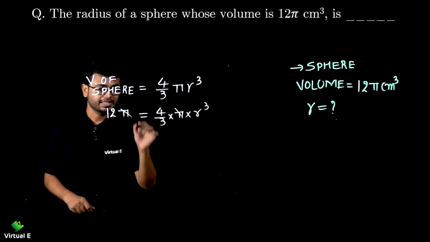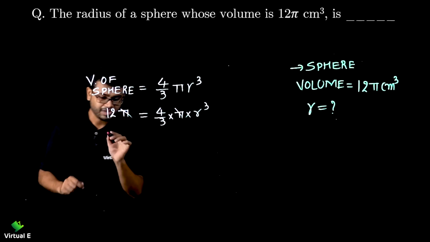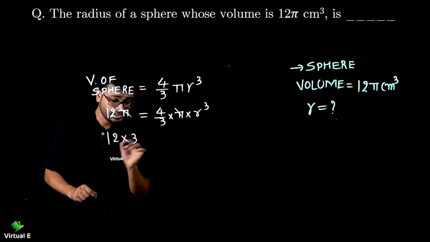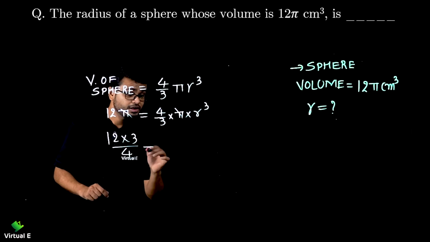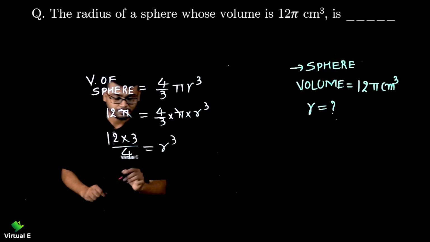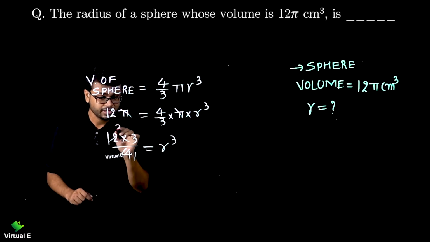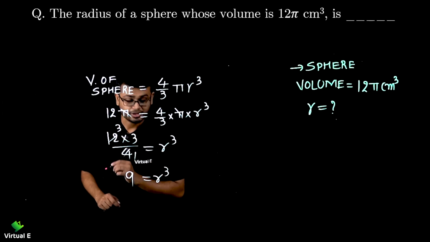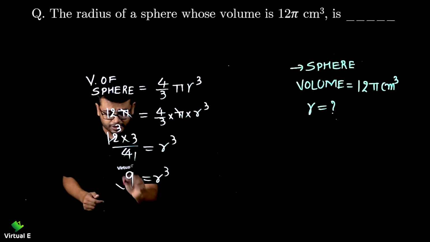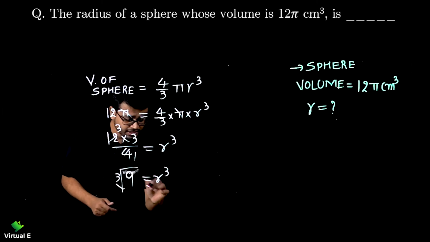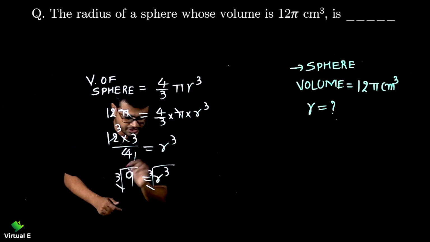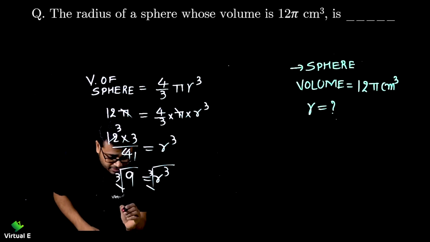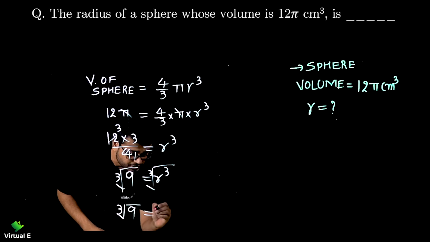So pi will get cancelled. Very good. So 12 into 3 over denominator 4 is equal to r cube. So 4 1s are 4 and 3 3s are 9, is equal to r cube. So you need to take the cube root on both sides. So here you will get the cube root of 9 is equal to r.